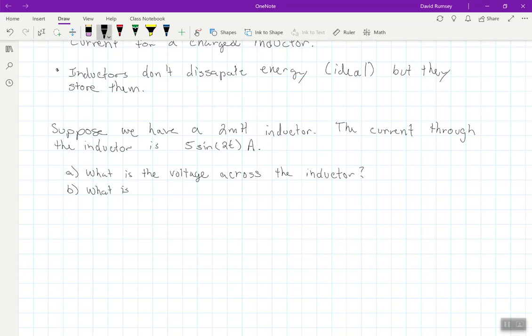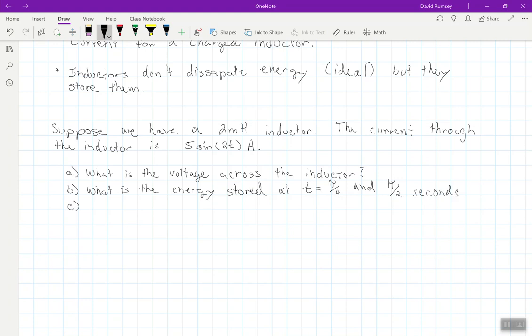What is the energy stored at t equals pi over 4 and pi over 2 seconds?